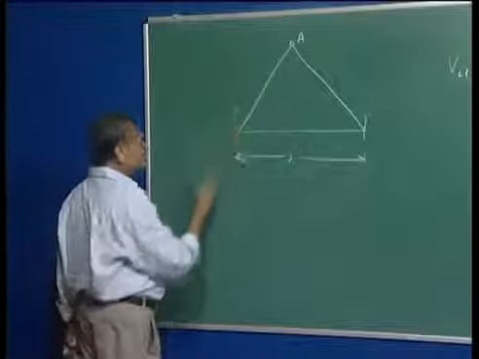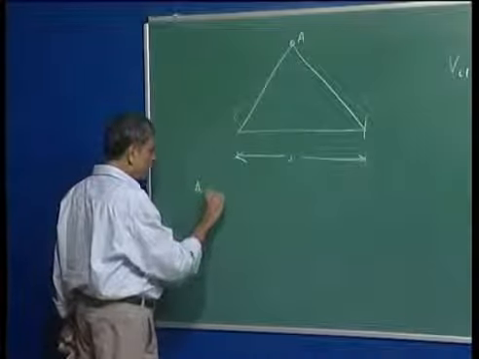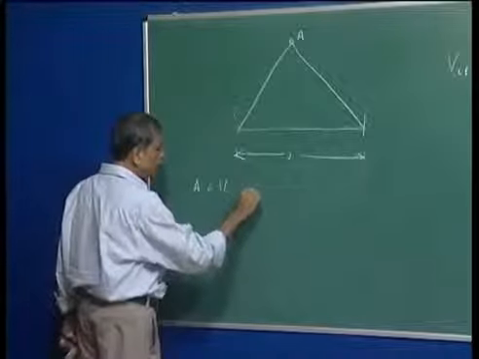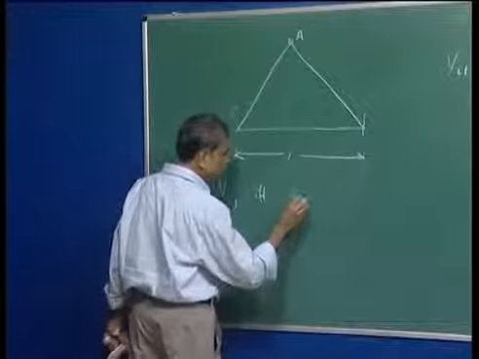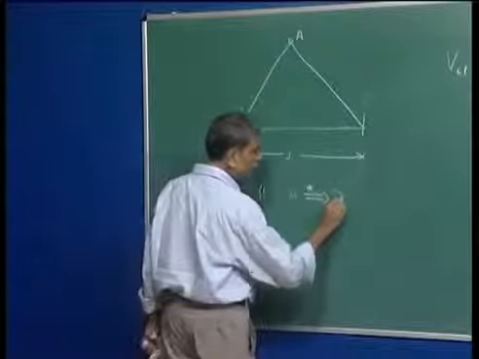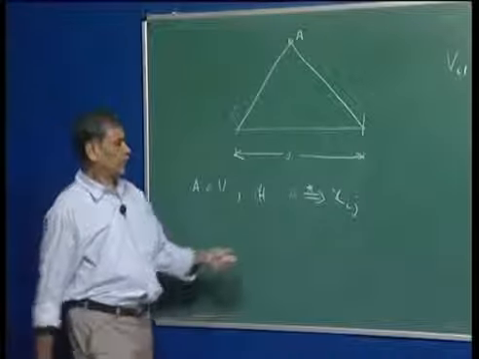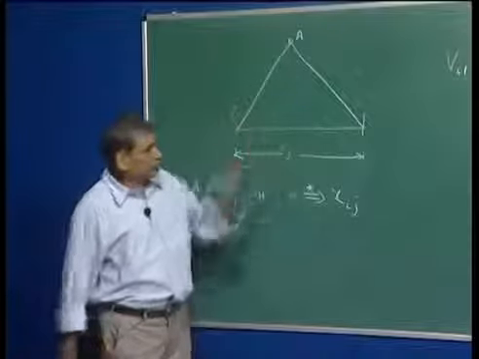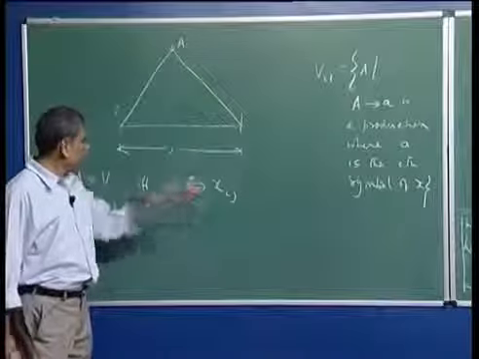Essentially what it means is that, I'm just writing it slightly differently, A is in Vij if and only if A can derive Xij, right? That substring of length j starting at position i. This is of course the definition of Vij. So we are saying A is in Vij if A can derive this.